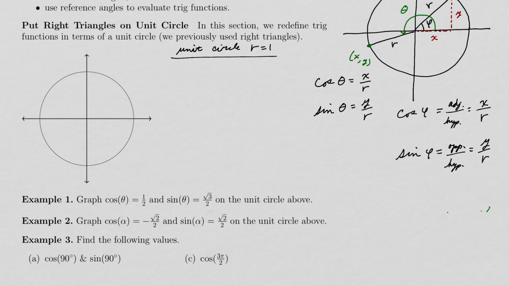Unit just means 1. So in this case, the radius is going to be 1. So I'll draw my circle. This radius is just 1. And again, I have my x and y values.